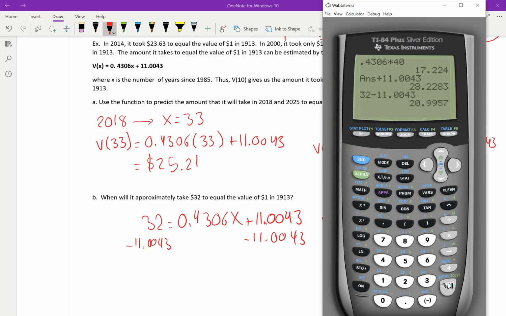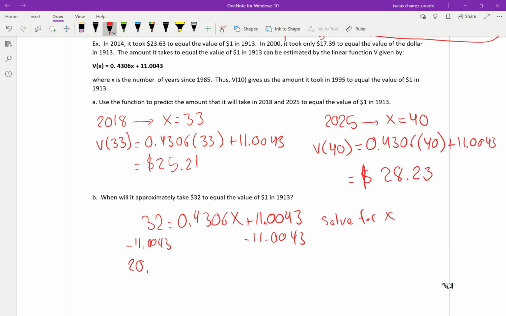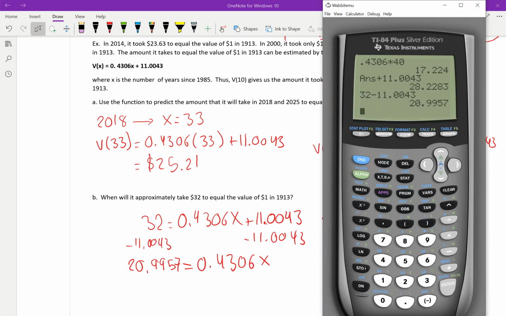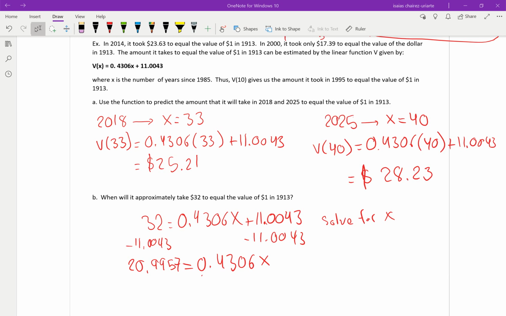That gives me 20.9957. So 20.9957 is equal to 0.4306x. Okay, now I gotta divide everything by 0.4306.